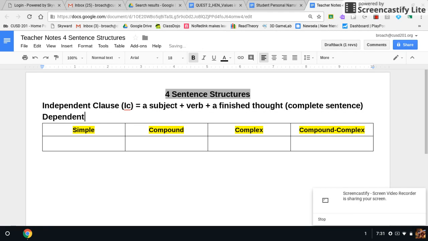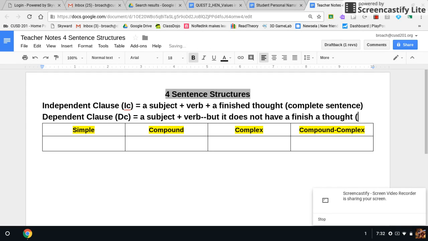Dependent clause, on the other hand, which I'll refer to as DC. It might have a subject. It might even have a verb. But it does not have a finished thought.